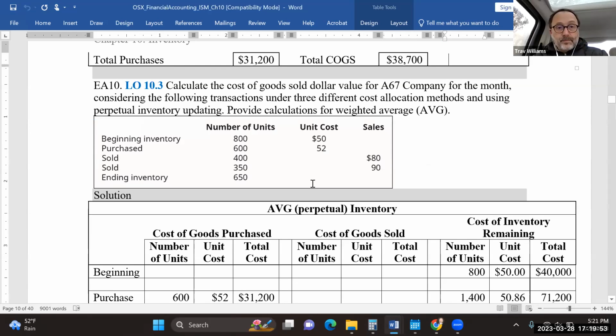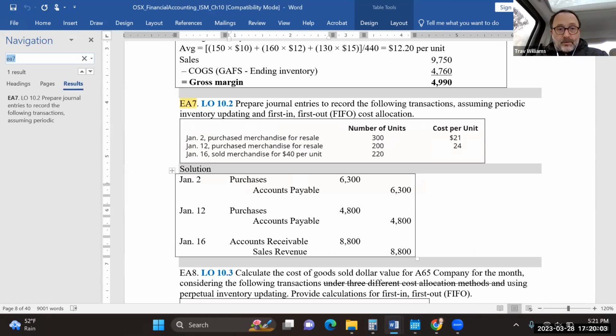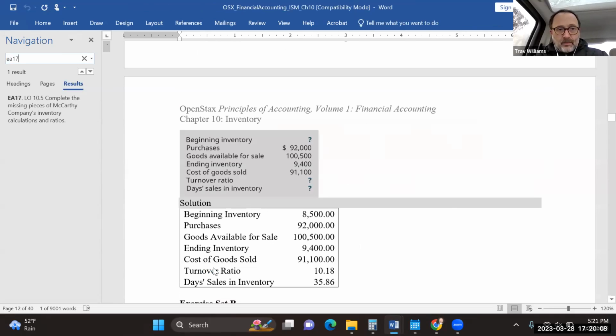Oops, no, we want 17. 3586, is that what we got? Yeah, I must have done it slightly wrong. So let's try it one more time. Again, we know our average inventory is 8,950. That number was right.